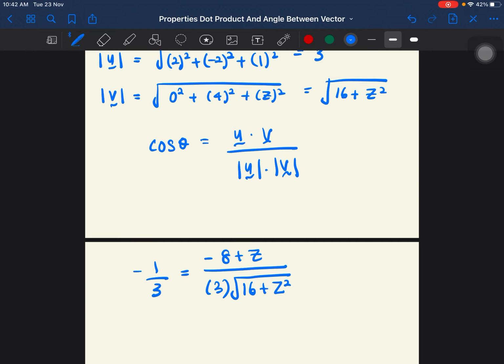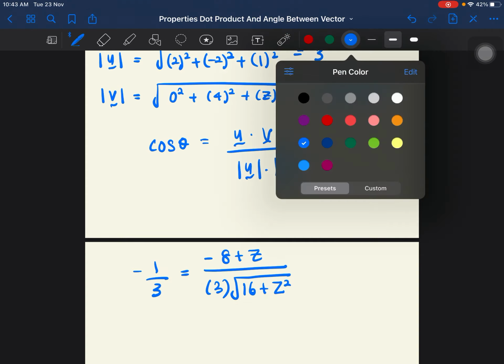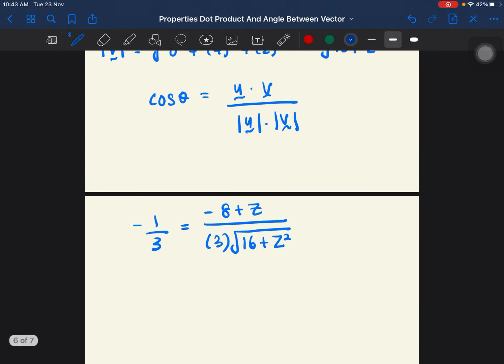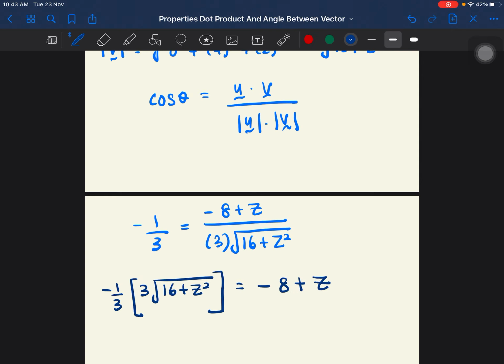So how are we going to simplify this one? What you can do is, you bring this one to the left hand side here. So that you will have negative 1 over 3 multiplied by 3 square root of 16 plus z squared is equal to negative 8 plus z.